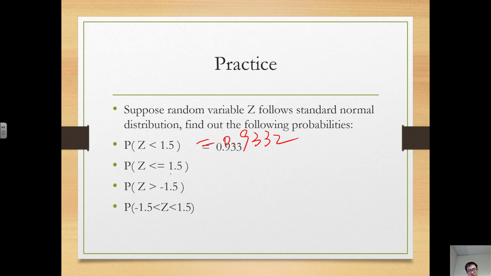What's the probability that z equals 1.5? It's 0, because z is a continuous random variable. For a continuous random variable, the probability that it equals a specific value is 0, no matter which density you have.